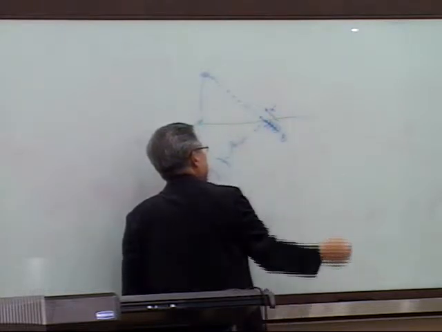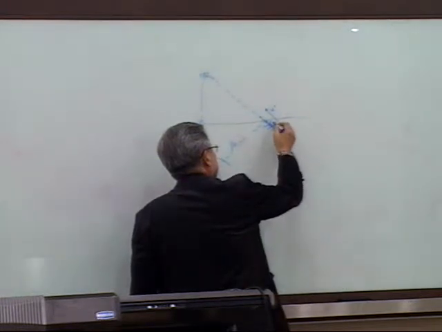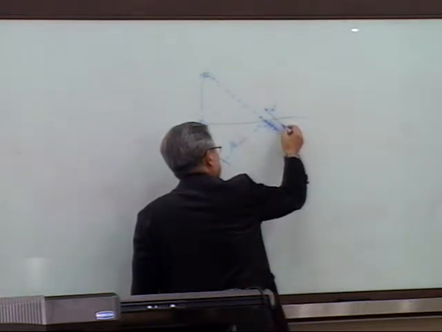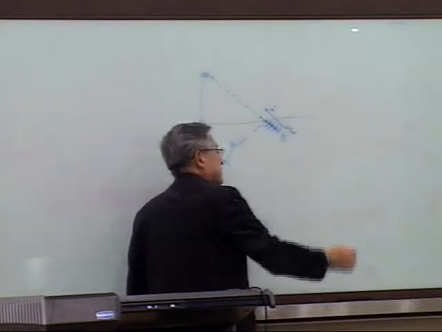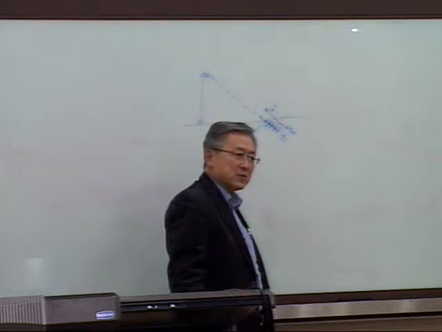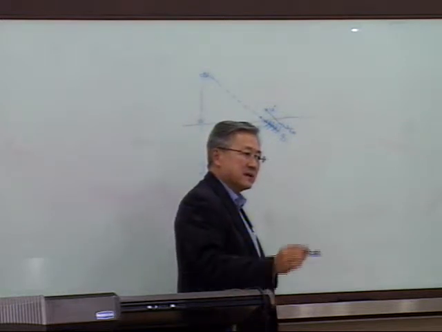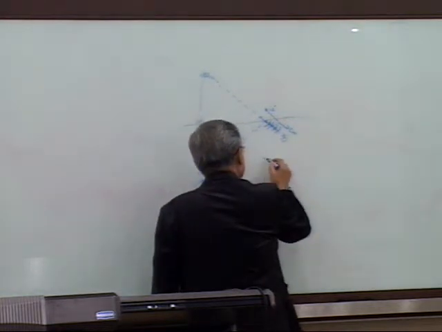So I call it, let's say, U prime. U prime is correct. Then this guy is moving, C naught is moving in that direction. So that's called what wave? Tension wave.